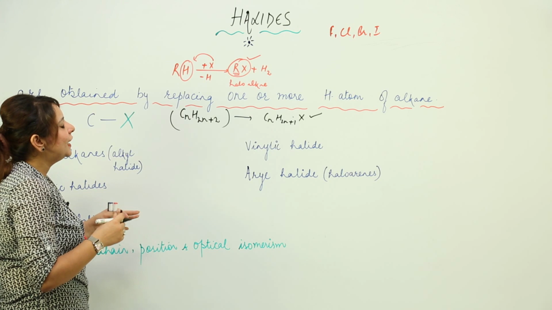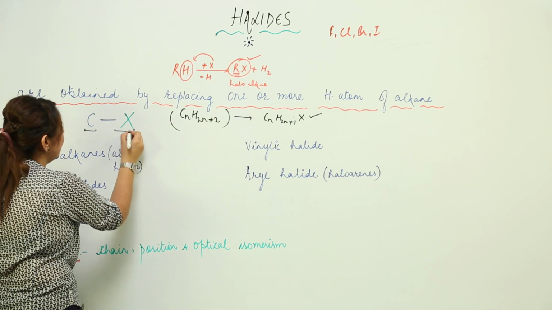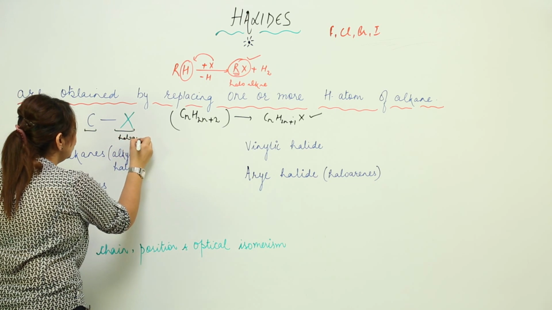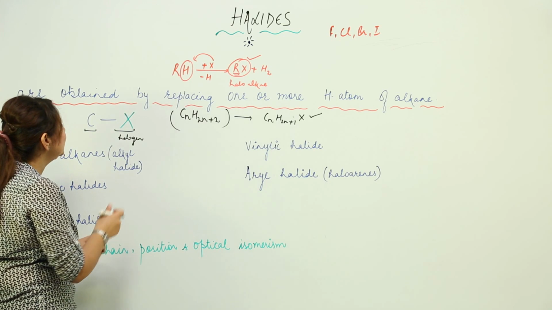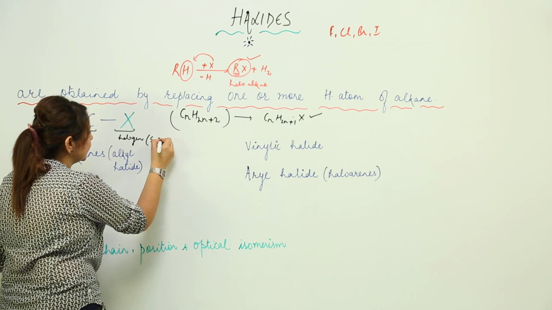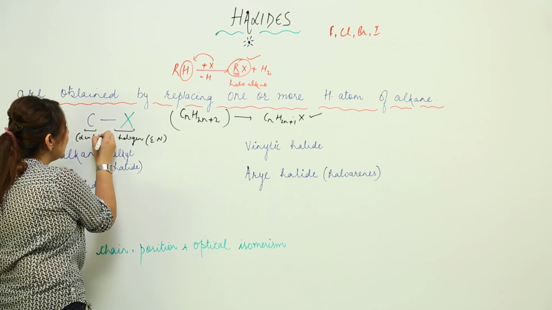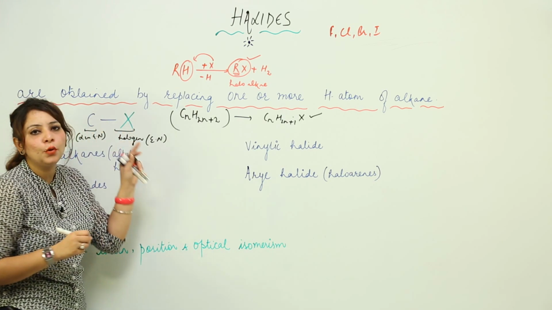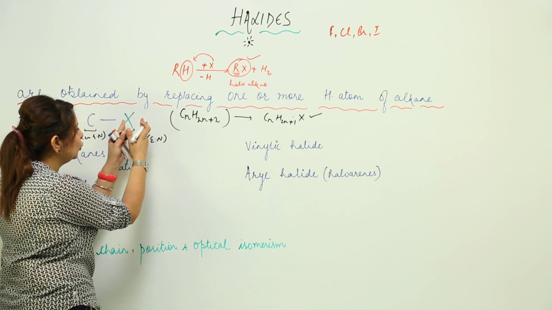Now in haloalkanes there is a bond between the carbon and the halogen. As the halogen is more electronegative than carbon, this covalent bond becomes a polar covalent bond, because the halogen attracts the shared pair more toward itself.